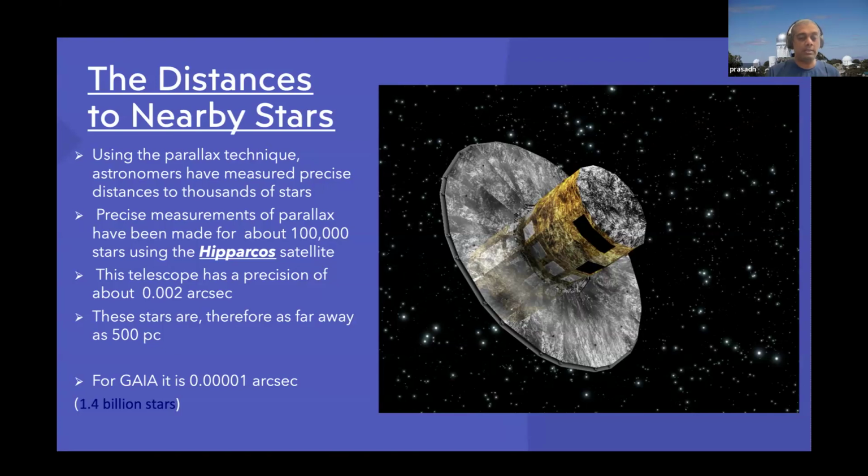So now we have to think about how we can measure distances when we go beyond the Milky Way, right? This technology has a limit: beyond a certain accuracy you cannot use this method, because the parallax angles get smaller and smaller.